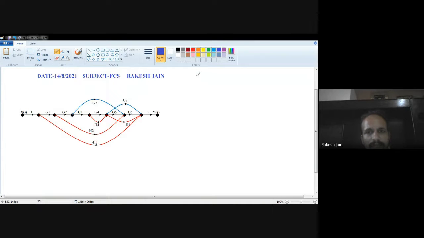And what is Mason's gain formula? Mason's gain formula says that the transfer function is actually equal to the summation of Tk del k upon del, as we have already discussed.